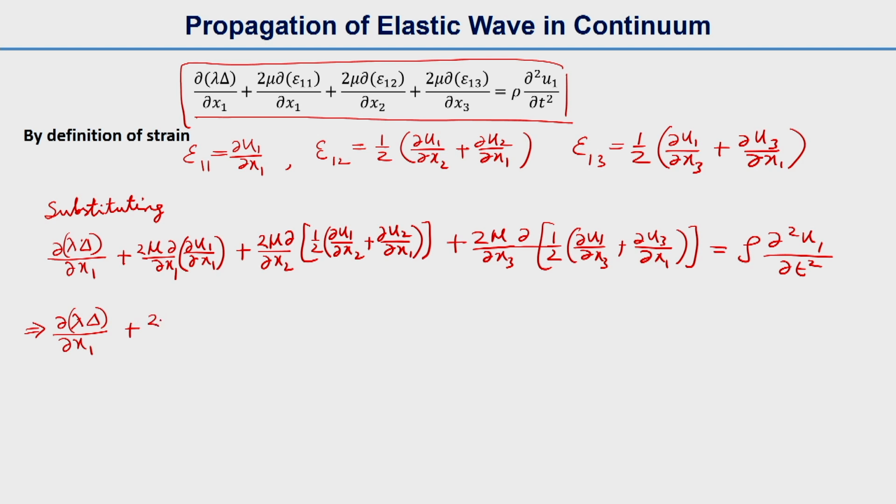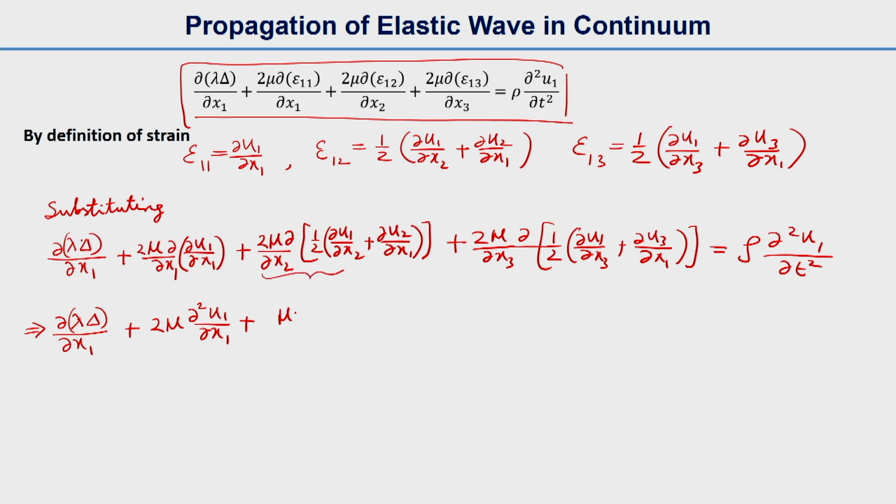The second term we can simplify as the second partial of u1 with respect to x1 plus... this will not be 2.